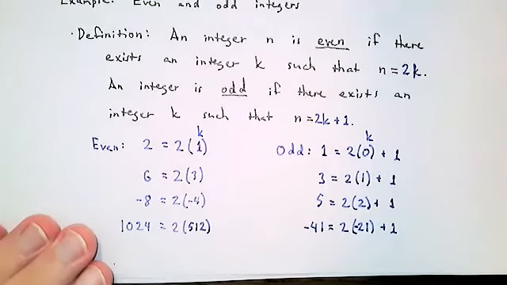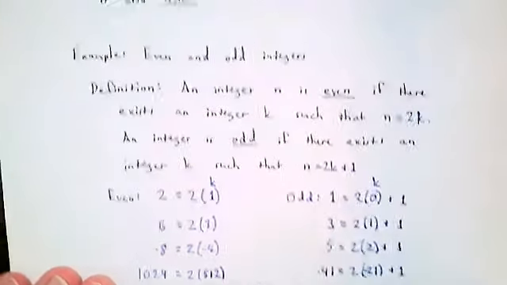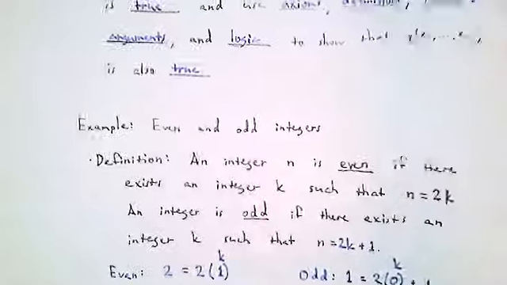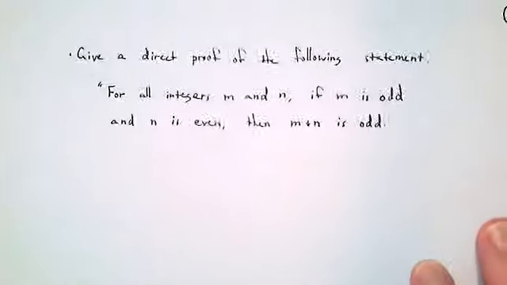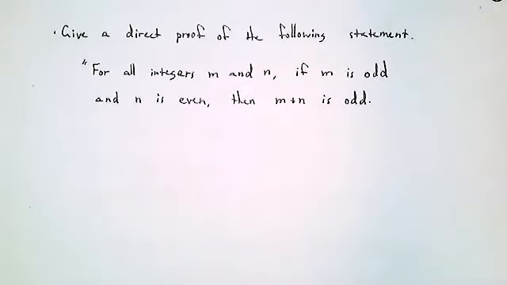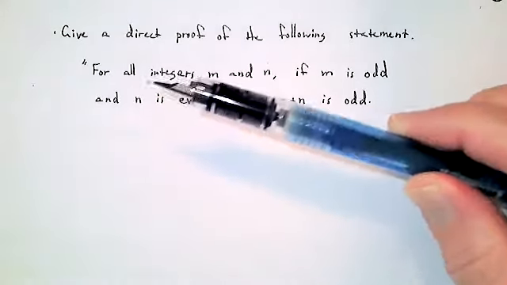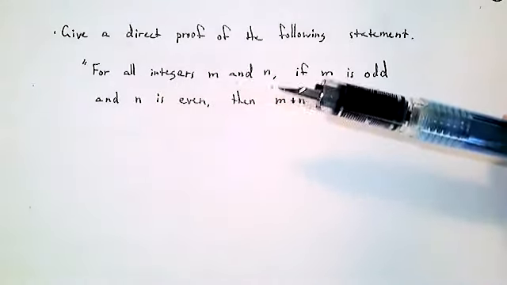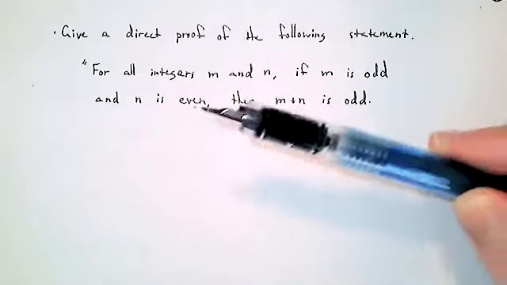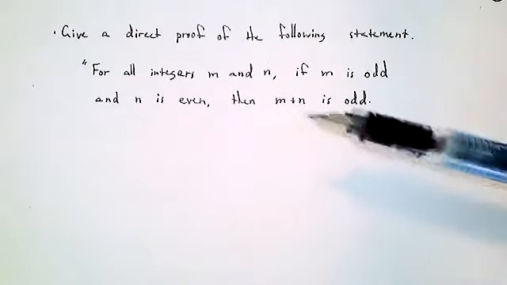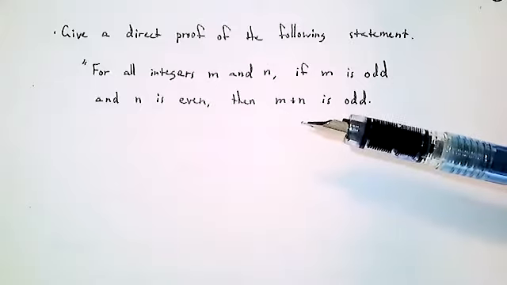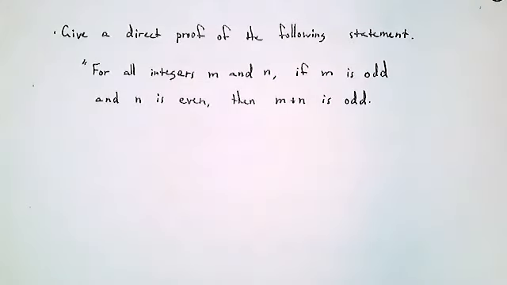Now let's get to our theorem that we're going to prove. This is what we're going to do. We're going to give a direct proof of the following statement. For all integers m and n, if m is odd and n is even, then m plus n is odd.